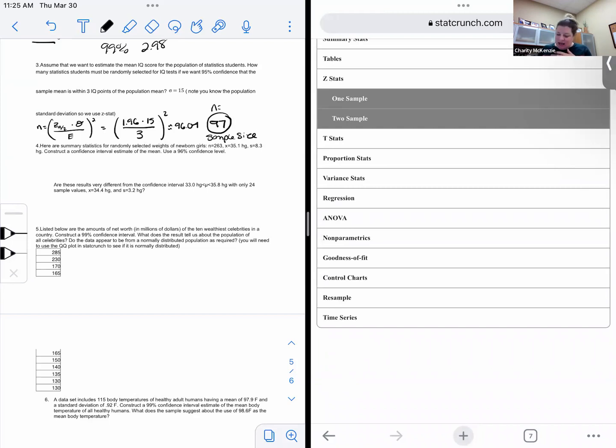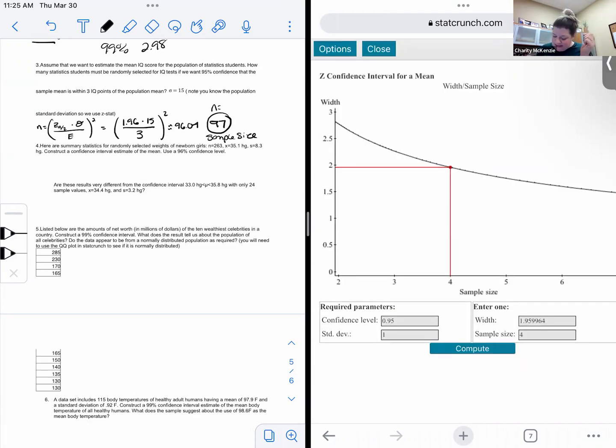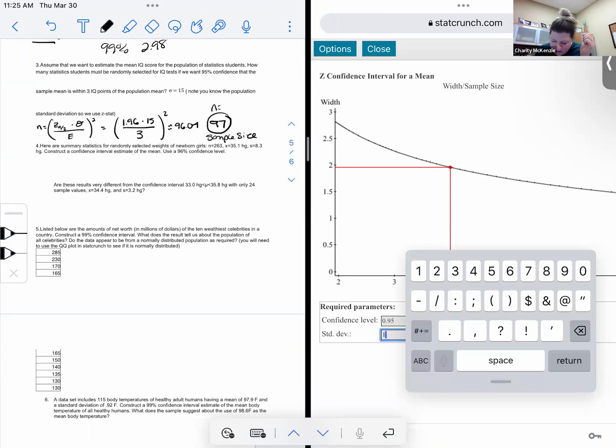They gave it to us. Or you can estimate it with a range rule of thumb or something like that. So we have a one sample and we go to that width sample size because that's what we're looking for, sample size. Okay. And then this one is we want 95, right? Yeah. And our standard deviation was 15.